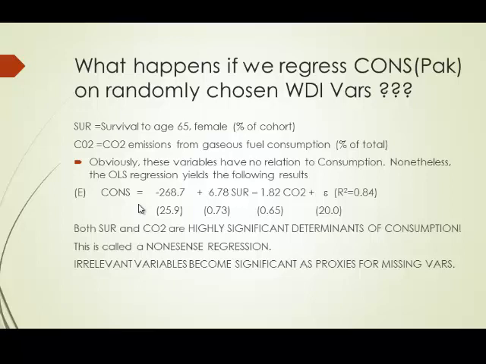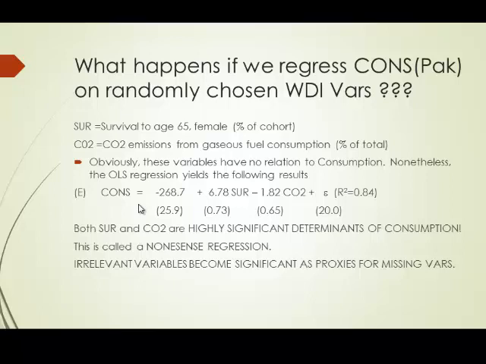Obviously, these variables are not really related to consumption, but here's the regression. Consumption equals, R squared is 0.84, not bad. SUR is highly significant, 6.78, and the standard error is 0.73, so the t-statistic is astronomical, and this is 99.9% significant.